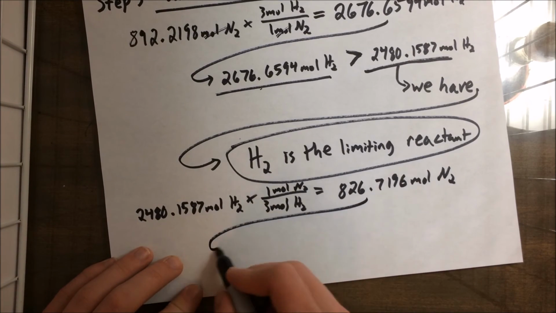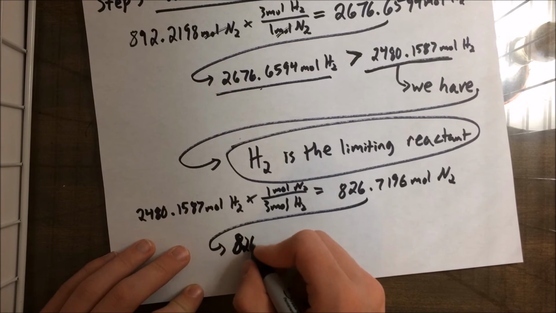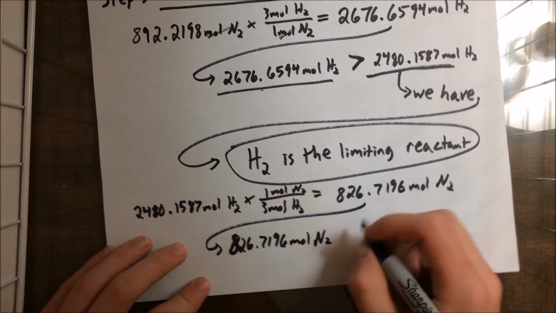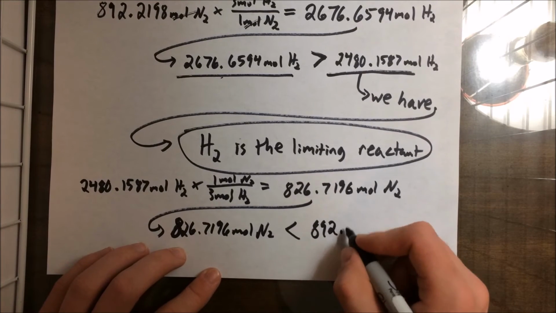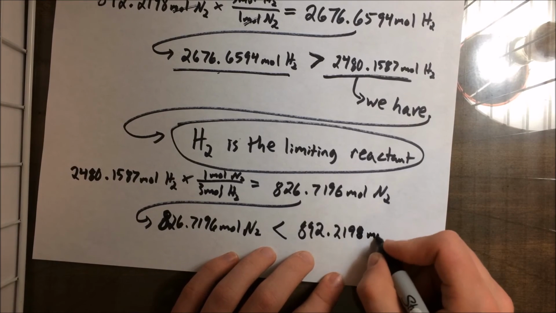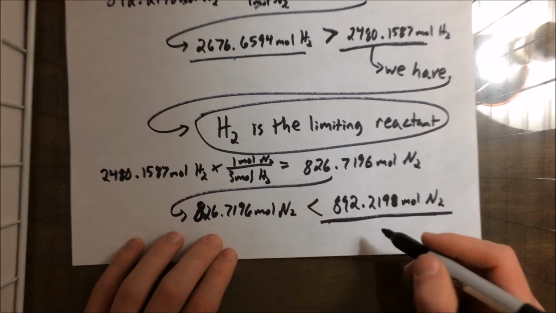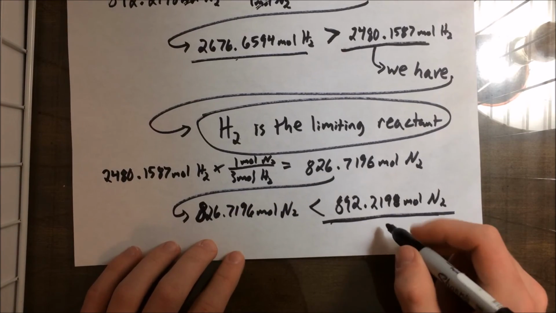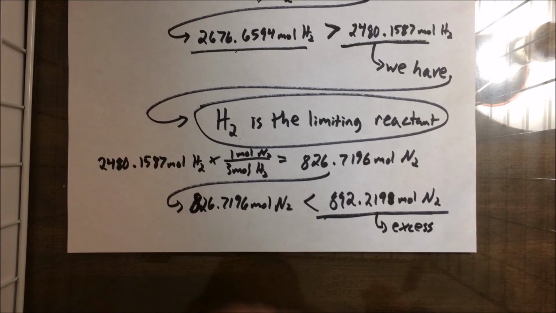So if you were to compare that, 826.7196 moles of N2 is less than 892.2198 moles of N2. So this is what we have again. So since we have more than what we need to use up all of the H2, we have an excess, so it is not the limiting reactant.